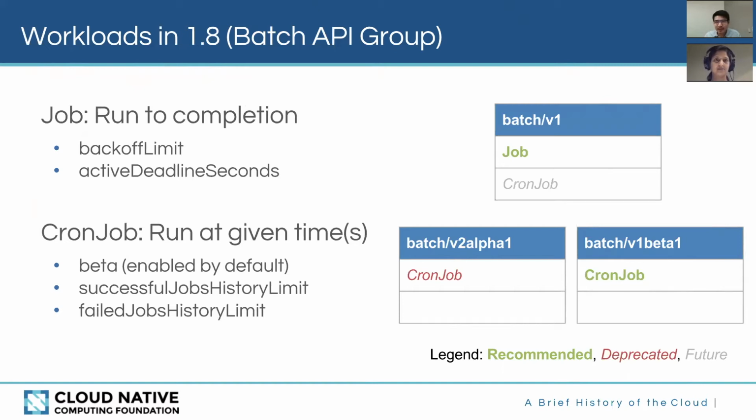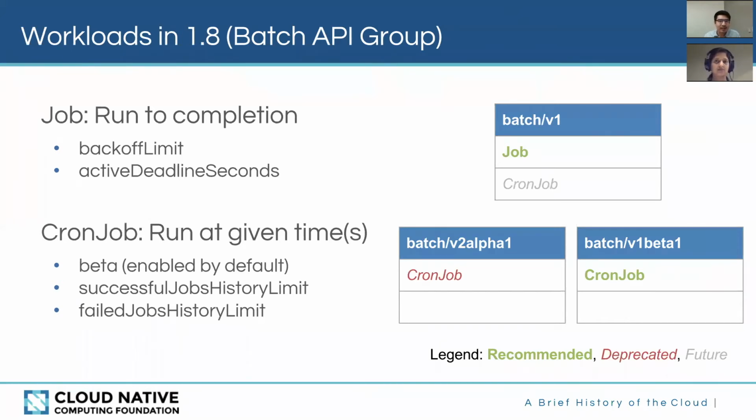This is, as you may know, one of the hard problems in computer science: naming things. It turns out that versioning things is a special case of that. So we're working through the philosophy of how we're going to manage these versions in the future. And so this is part of our learning process as we stabilize all these APIs. But just to summarize, batch v1 beta 1 is how you get to the latest cron job.